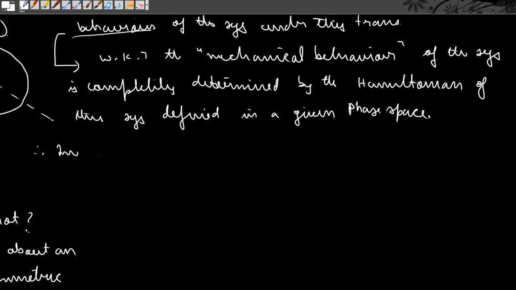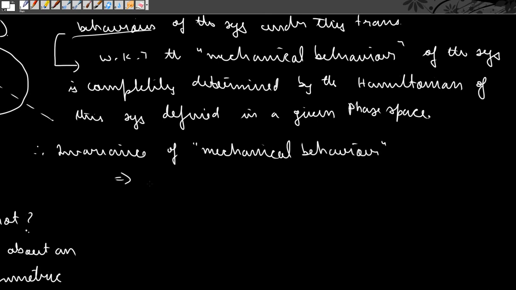Therefore, invariance of mechanical behavior is the same as saying invariance of the Hamiltonian function.